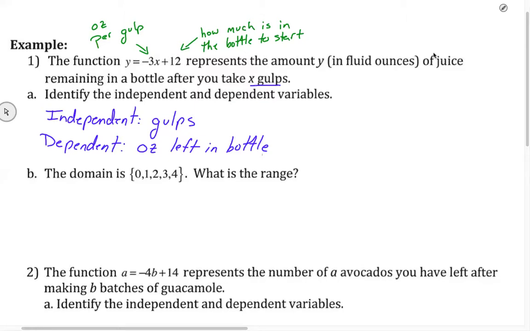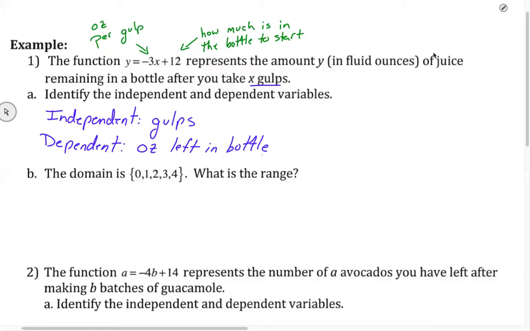Now, it says the domain is 0, 1, 2, 3, 4. John, can you tell me why the domain is 0, 1, 2, 3, 4? Why can't it be 5? Why couldn't it be 6? Why couldn't it be 7? What's that?